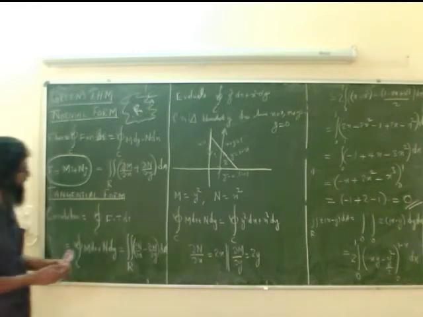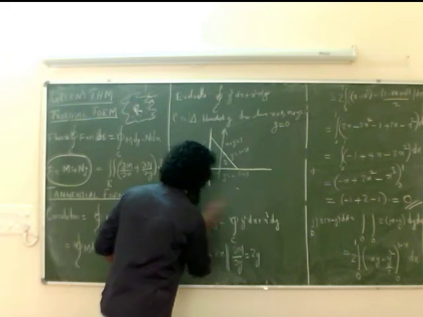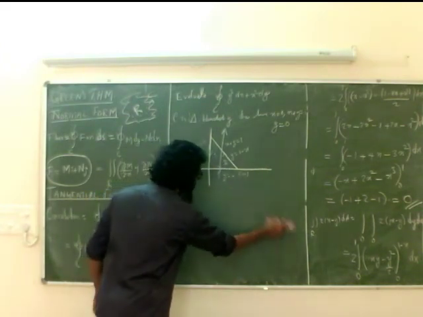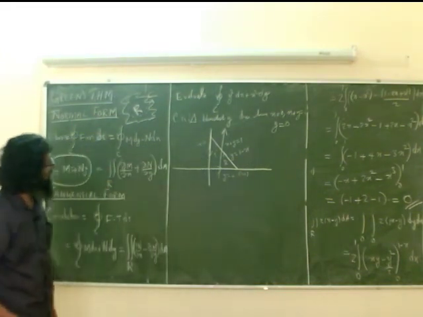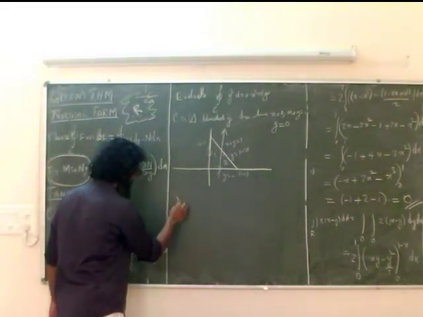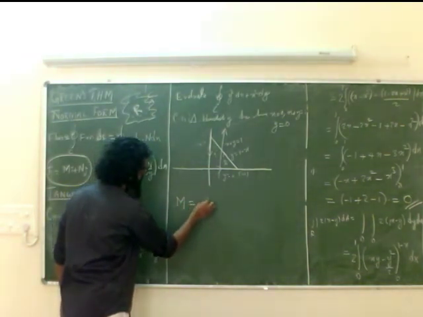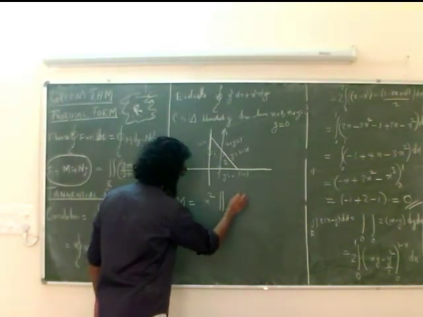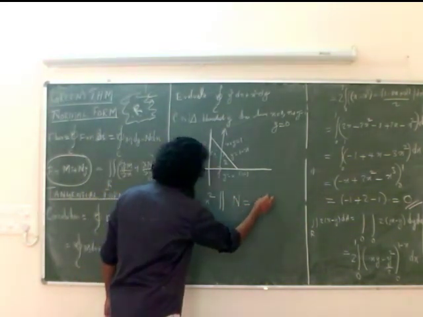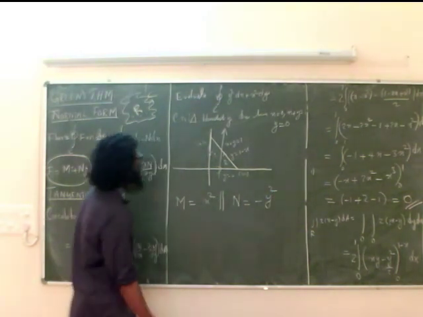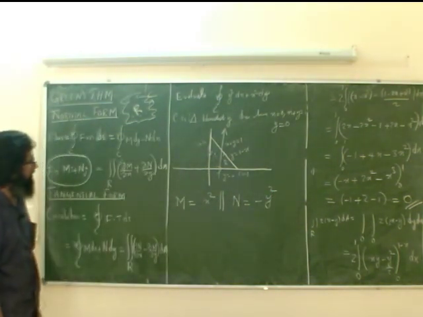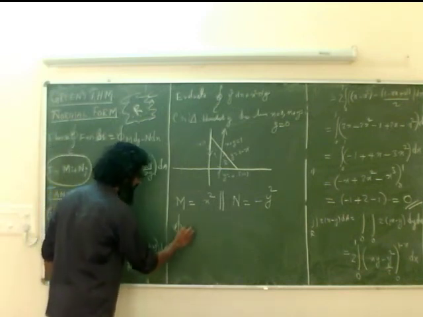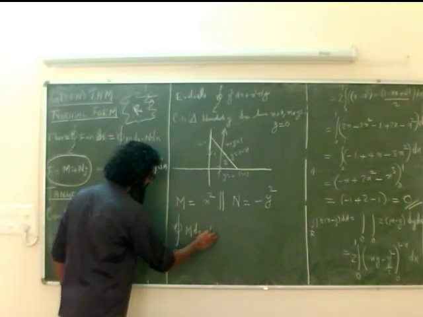So let's see how to do that. If I choose M equal to x square and N equal to minus y square, then what is the integral over C of M dy minus N dx?